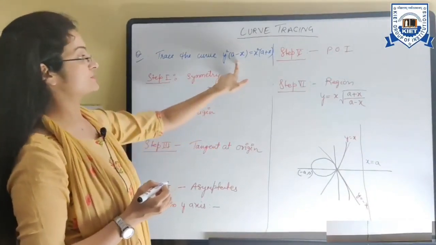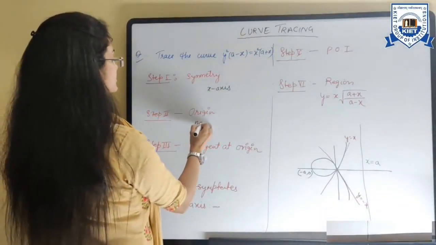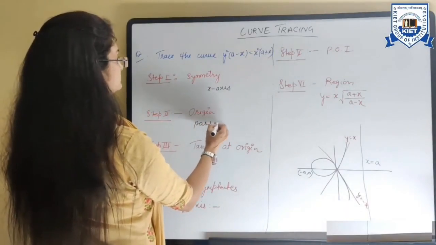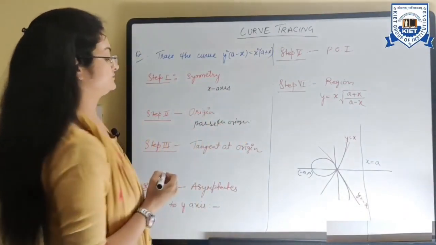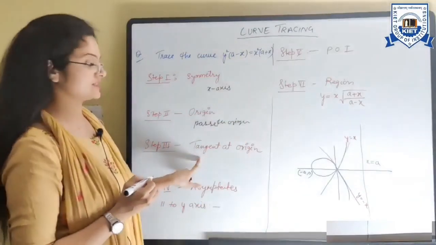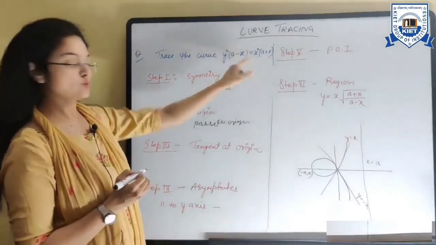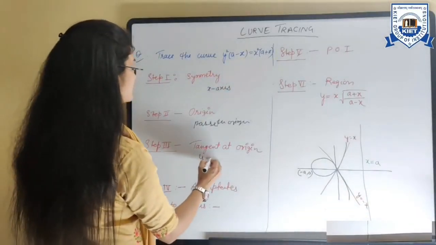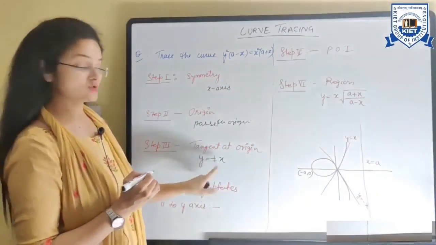As the equation contains no constant term, the curve passes through the origin. Now step 3, we find the tangent at the origin. Equating the lowest degree term to 0, we obtain y equal to plus minus x. This is real and distinct, so there is a node.